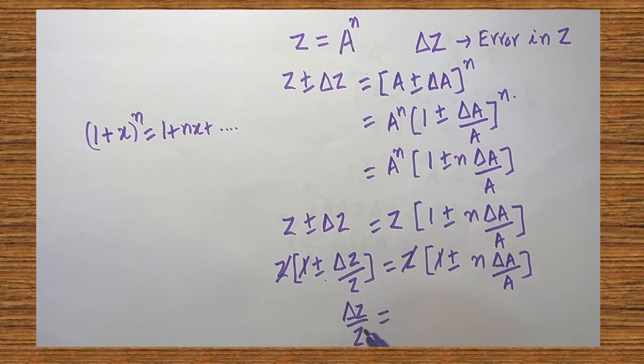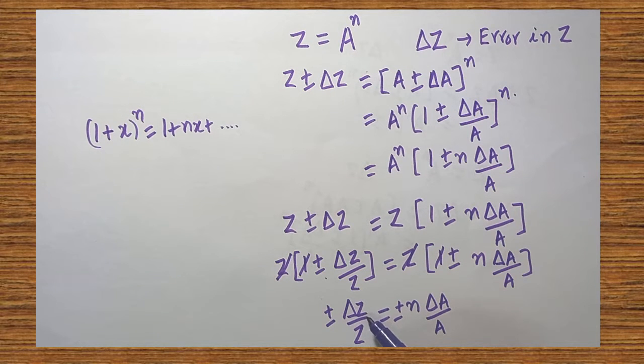Write the remaining factors here: plus or minus, here also plus or minus n del a divided by a. This is called the fractional error.